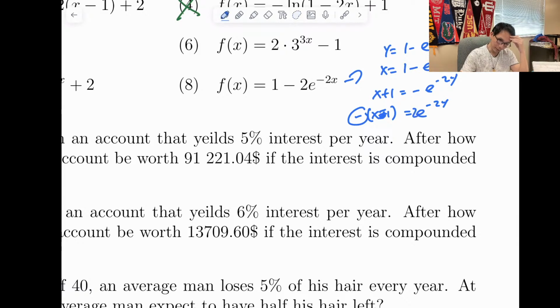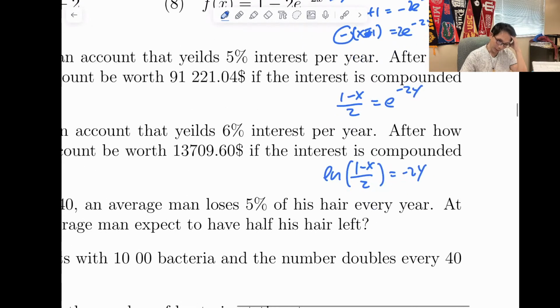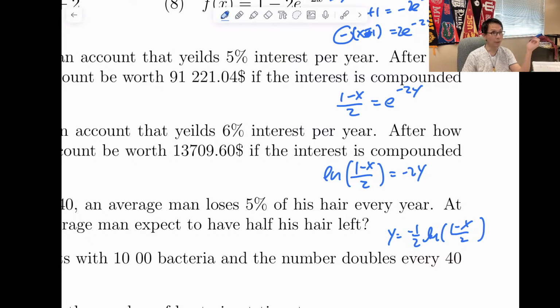So 1 minus x over 2 equals e to the -2y. Is that okay? And ln of 1 minus x over 2 equals negative 2y. And y is equal to negative half ln of 1 minus x over 2. And that's the inverse. Basically e and ln are inverses of each other.